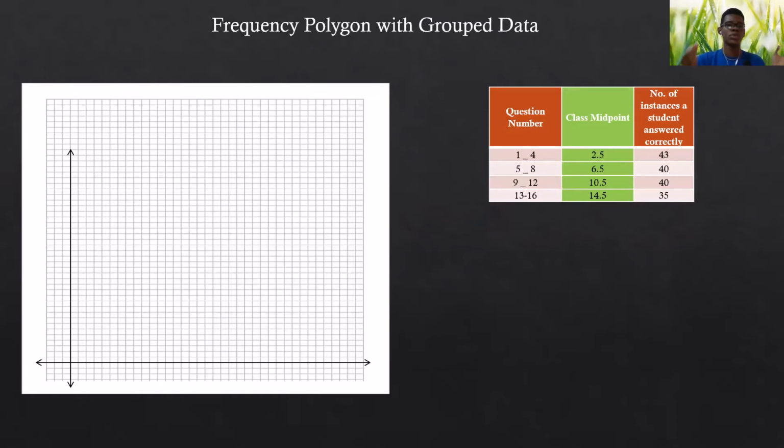To plot a frequency polygon with group data, meaning you have your class intervals and your frequency, you would first need to get the class midpoint. We went through class intervals and getting the class midpoint, not last week but the week before that. So you know how to get the class midpoint.